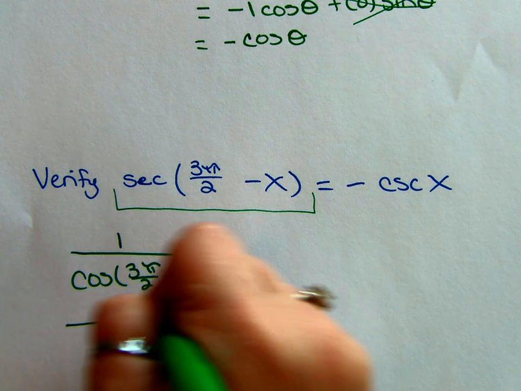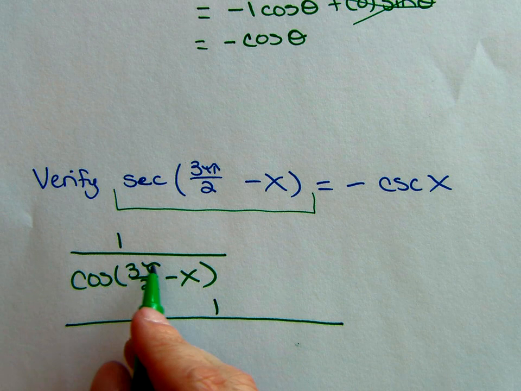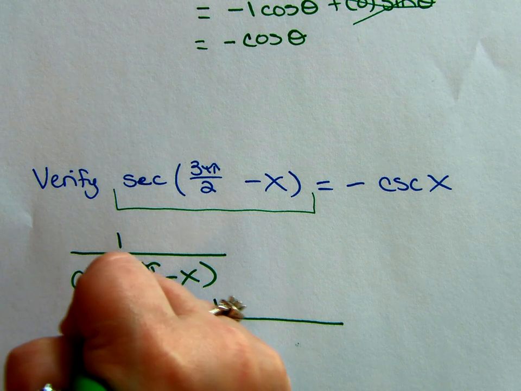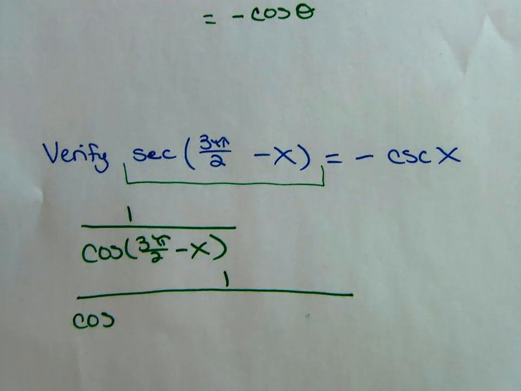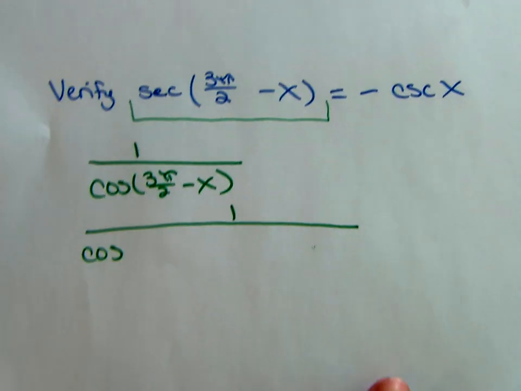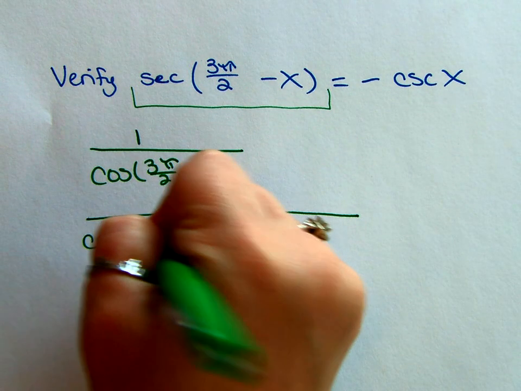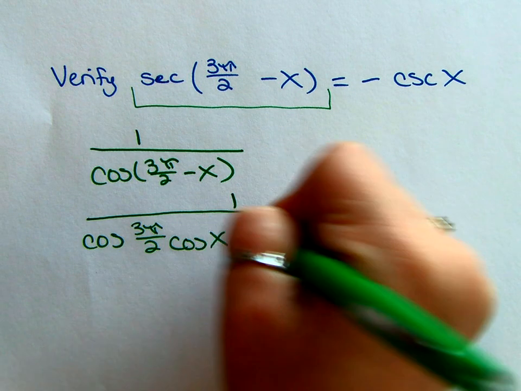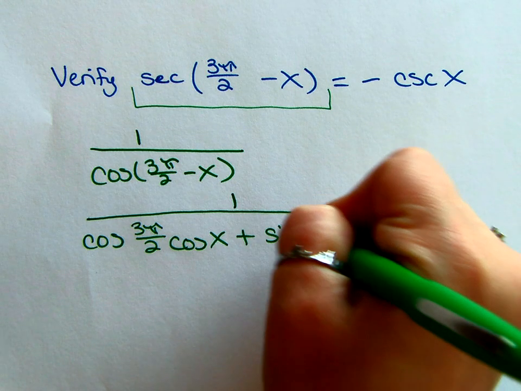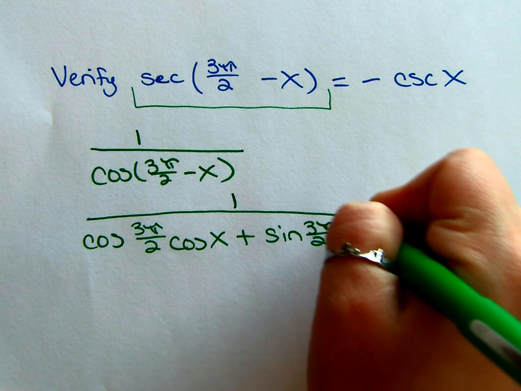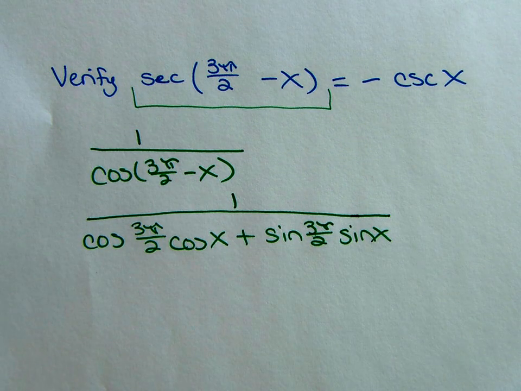Because cosine of 3 pi over 2 minus x is the same thing as cosine of 3 pi over 2 cosine of x plus sine of 3 pi over 2 sine of x. And as we saw play out in the last problem, hopefully some of this is going to fall away based on the information of cosine of 3 pi over 2 and sine of 3 pi over 2. 3 pi over 2 is 270.